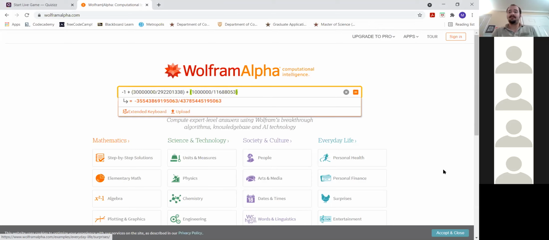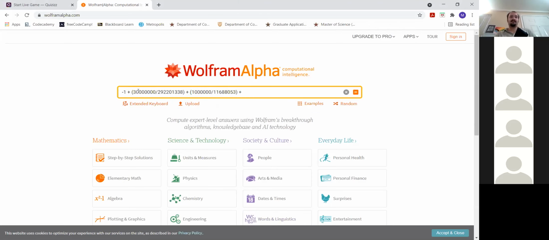So maybe I'm going a step further and just multiplying the value by the probability. This is my value of 30 million divided by the probability of the 292 million. This is my 1 million, and I'm dividing it by the 11 million.